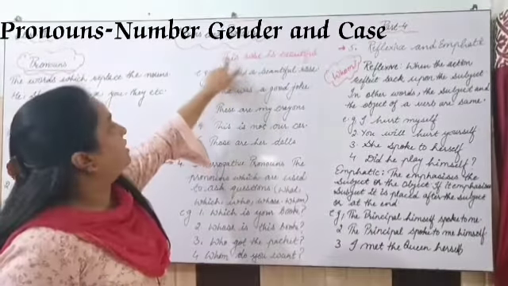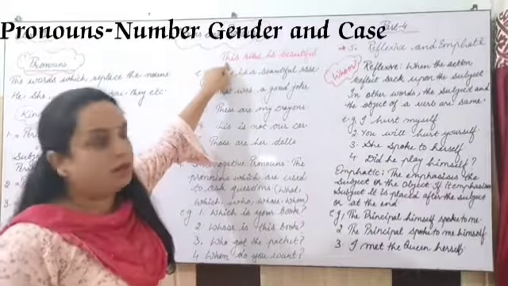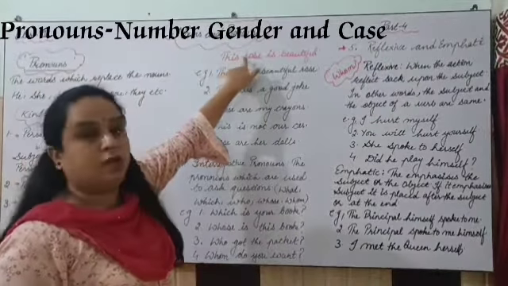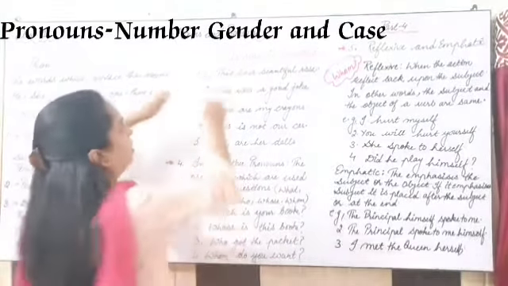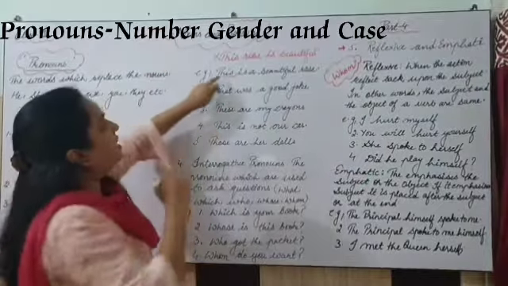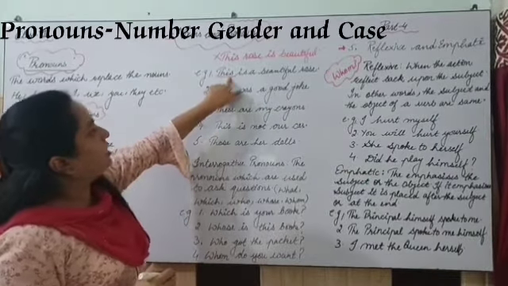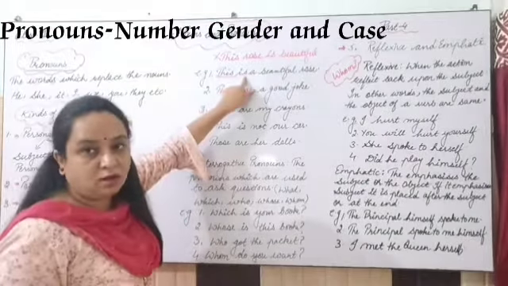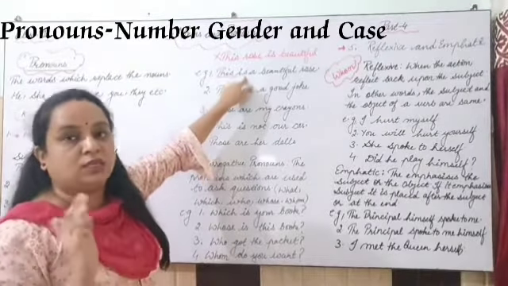So in this sentence, which is written in red ink, this is working as an adjective. But in the first sentence, after this there is no noun, so here it is working as a pronoun.